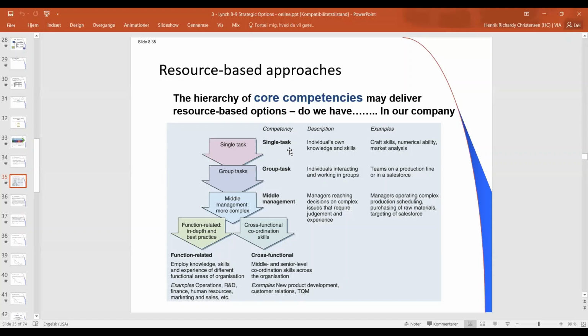And that is the great idea about this competence suggestion, how to look at it. We have single task, group task, middle management, cross-functional, and function related. So the point here is, ask yourself, do we have middle management competences in our company? Investigate it and figure it out, and then we might be able to build upon it, and it may be an option to our company.